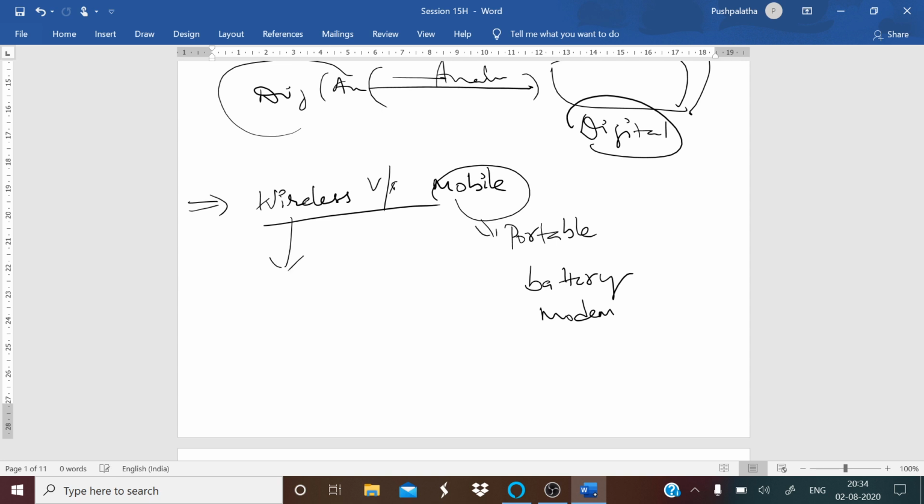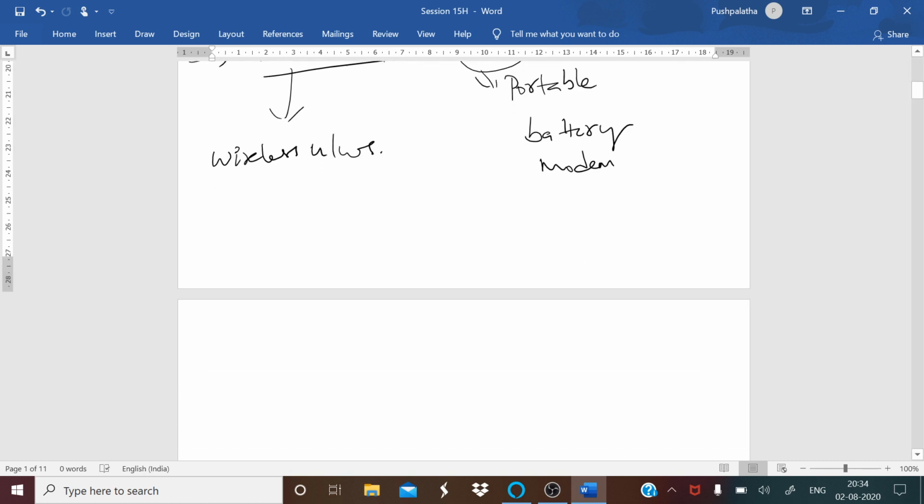Whereas wireless means traditional computers or non-mobile devices that can access wireless networks. For example, in a local area network you can make it wireless instead of using cables by connecting to a LAN.